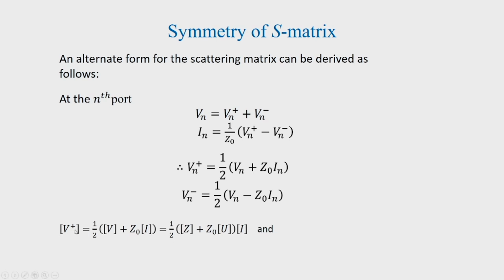V n plus; the voltage matrix for the incident wave V plus is equal to half (Z plus Z naught u I), and similarly for the voltage matrix for the reflected wave we can write in this form. Now, from these two relations we can find S, the scattering matrix.